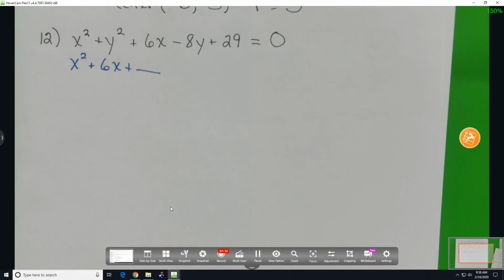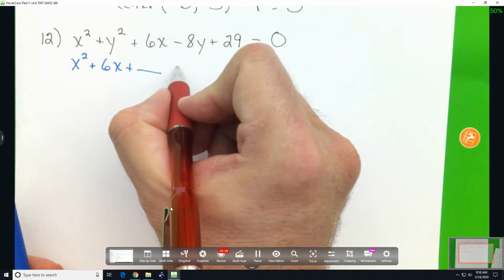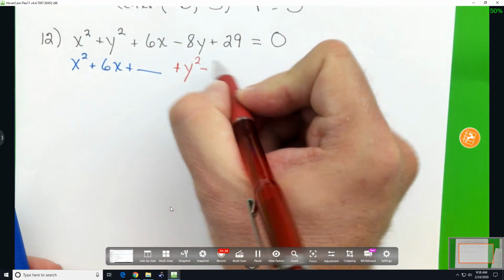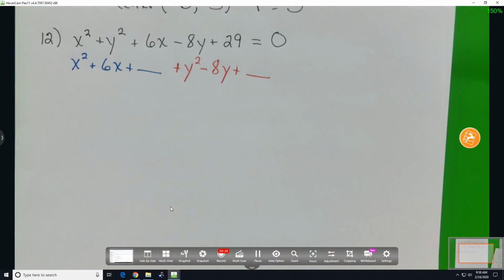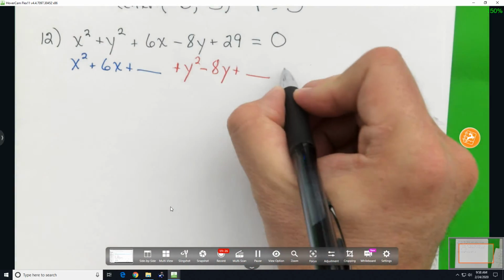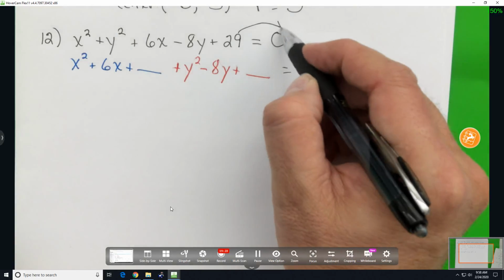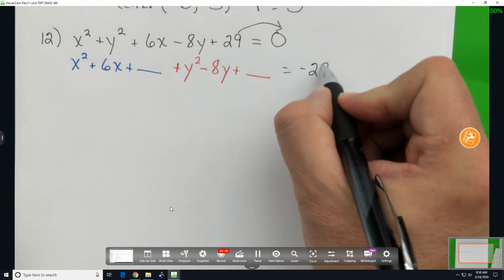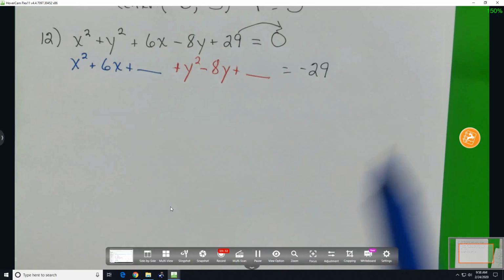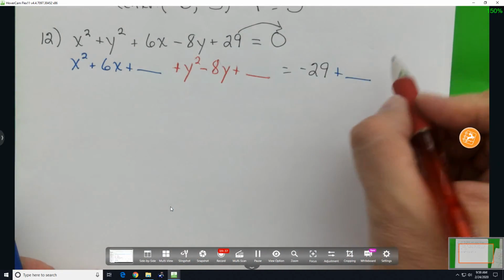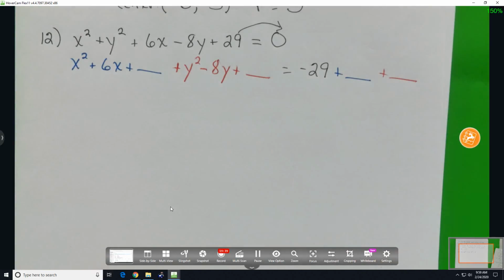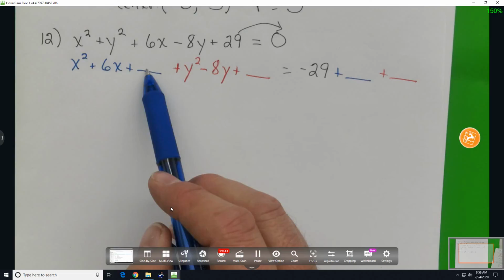Then I'll do the y squared and a minus 8y with a plus blank. And I'll move that 29 over here. Plus blank. Plus blank.